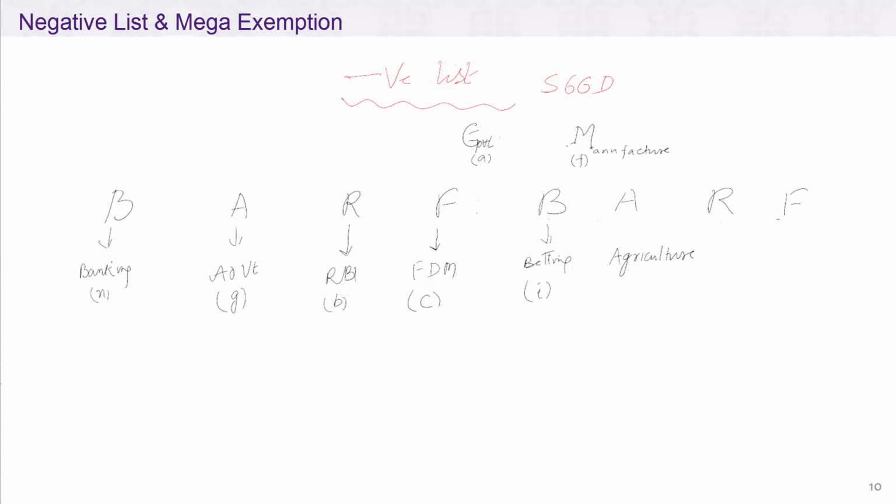So this agriculture is same. This is under D, clause D. And this one R stands for renting, makan. So it is under M. And F, funeral.